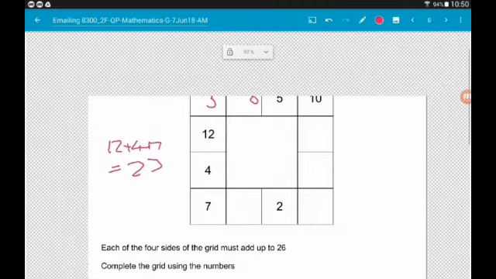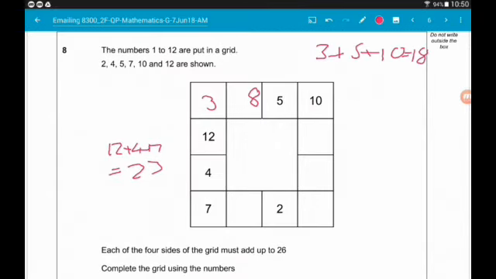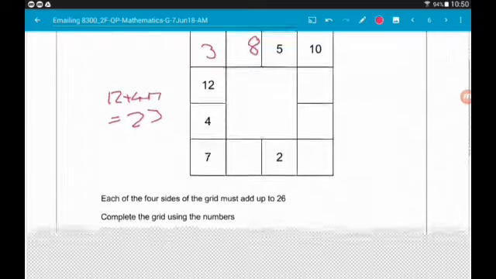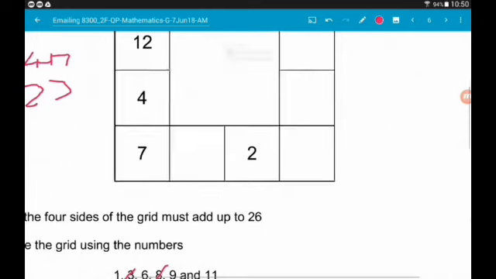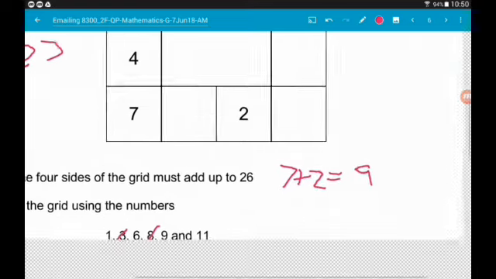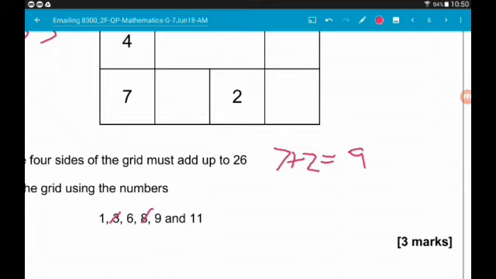Okay, now the right hand side has 3 missing numbers. The bottom side only has 2 missing numbers. So 7 add 2 is equal to 9. 26 minus 9 is equal to 17.